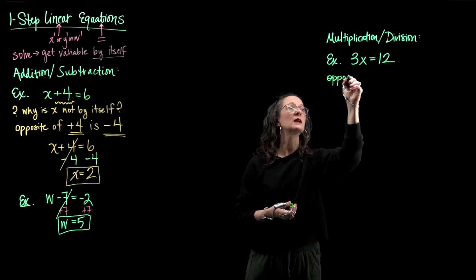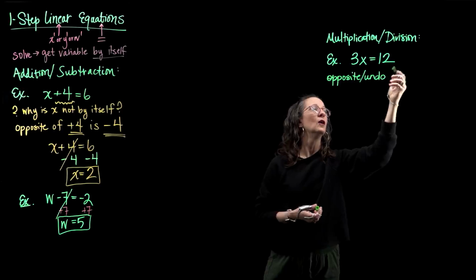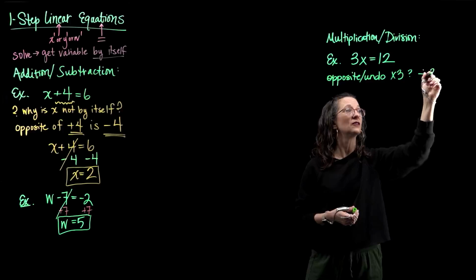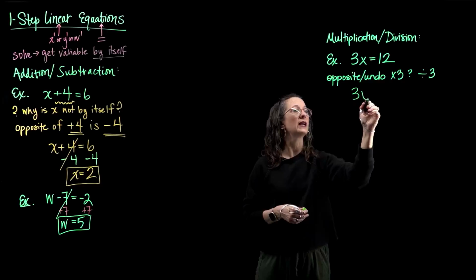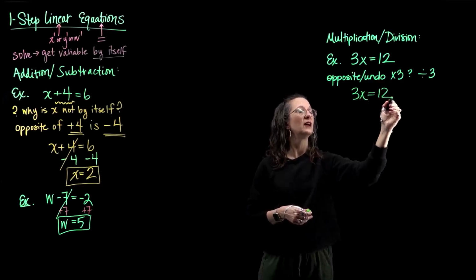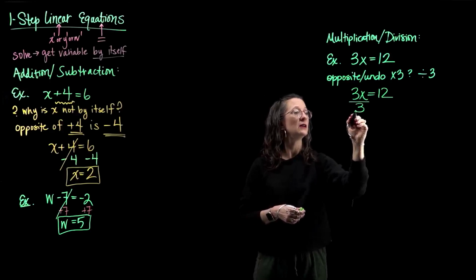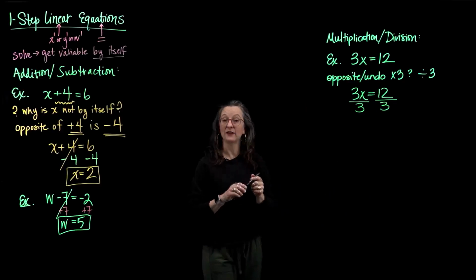So opposite or undo times 3, that would be divide by 3. So when I have this equation, 3x equals 12, and I want to undo multiply by 3, I'm going to divide by 3. And whatever I do on one side, I have to do on the other.